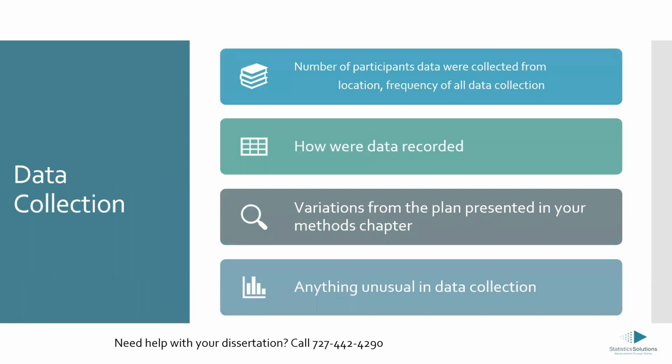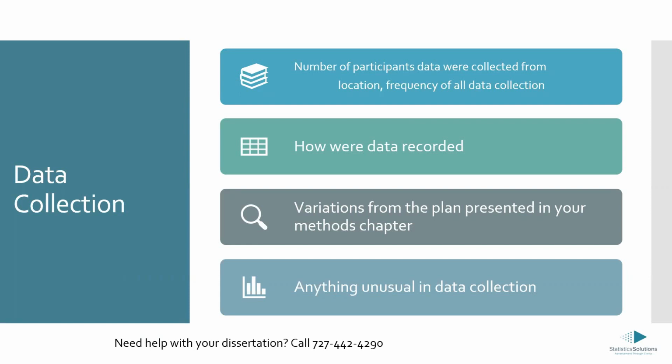You'll also want to touch on how you collected data. And so again, this is something that you talked about in your methods chapter when you proposed your study. But here's where you talk about how data collection actually went. Okay, so things to include in this section are the number of participants who took part in your study or from whom data were collected.